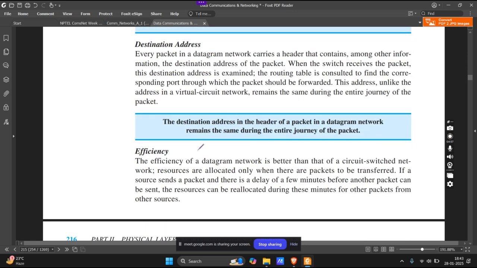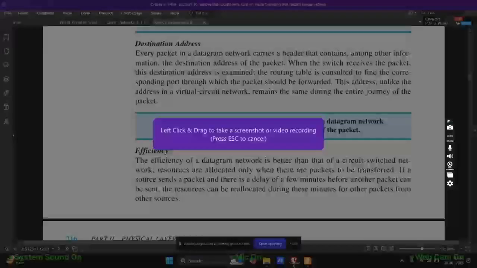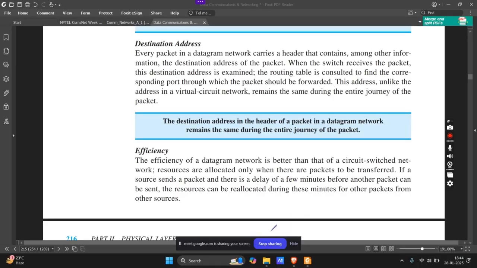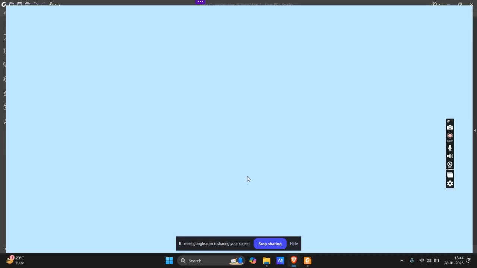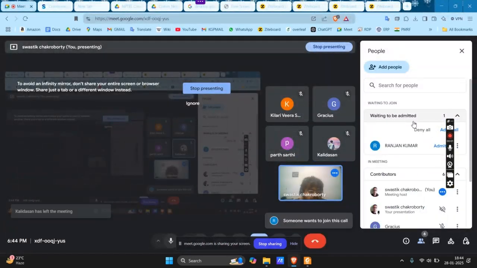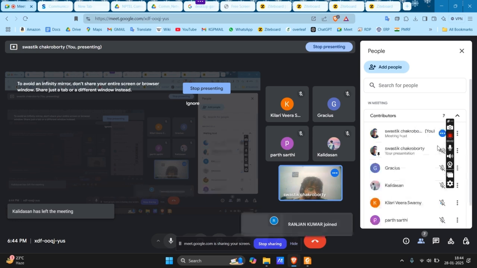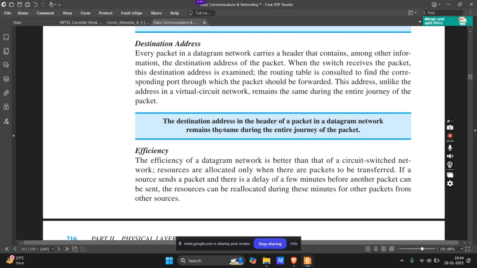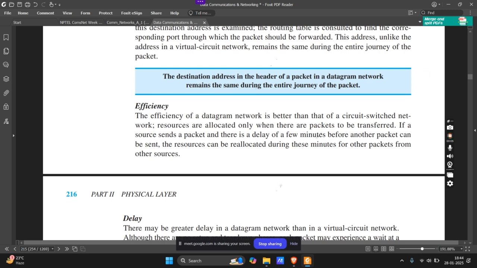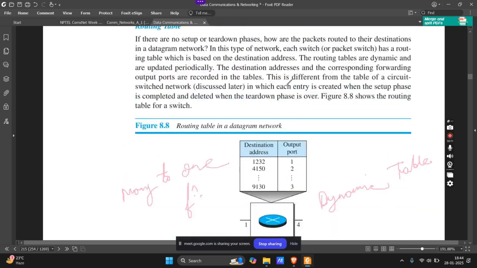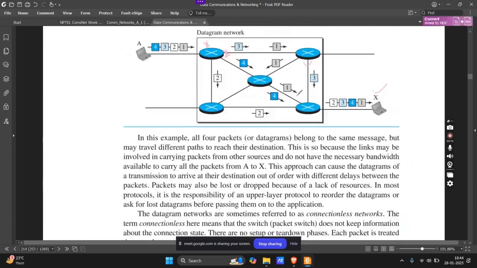Now this is of course better because it will ultimately give no reservation. This kind of packet switching is called a datagram network.